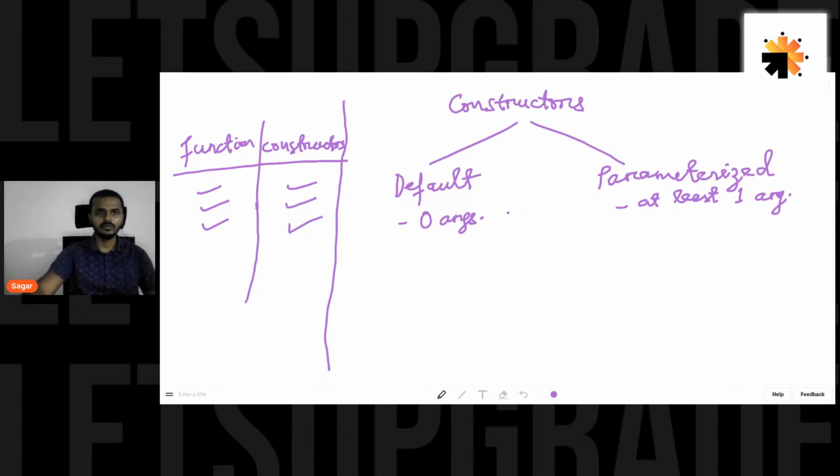Yeah. So we saw the differences in constructors and functions. We saw what are the types of constructors. We saw the meaning of both of them. We saw and we discussed what is the use of constructors, right? And I hope you guys have no questions. And if you have any questions, feel free to ask. I'll be very happy to answer them. Go ahead.